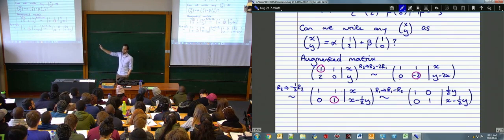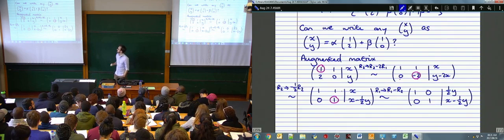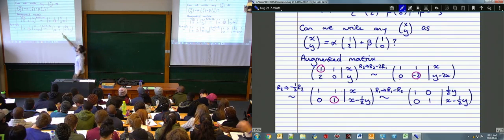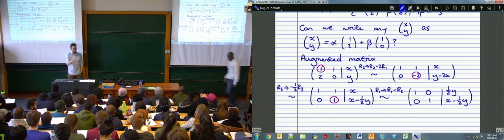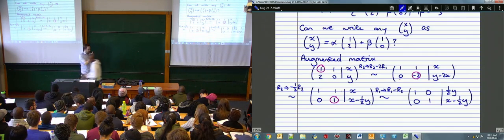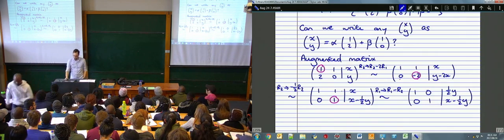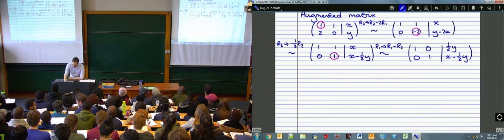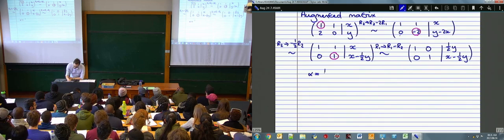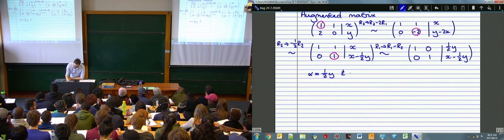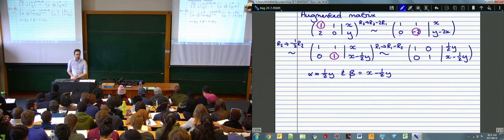Okay, so we do the Gauss reduction and we get this far. And this is nice. If you do a Gauss reduction where the number of pivots and the number of columns is exactly the same, then there's one unique solution. And we can write down the solution very easily. We just have alpha is equal to 1/2 of y, and beta is equal to x minus 1/2 of y.